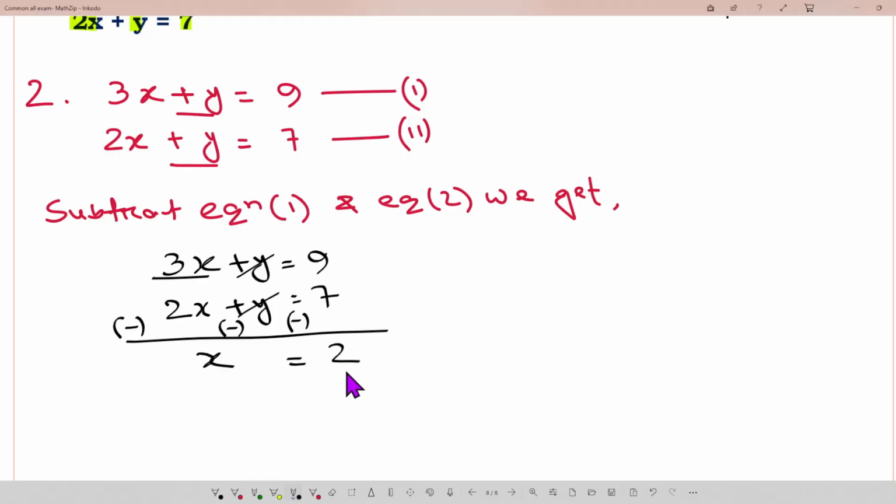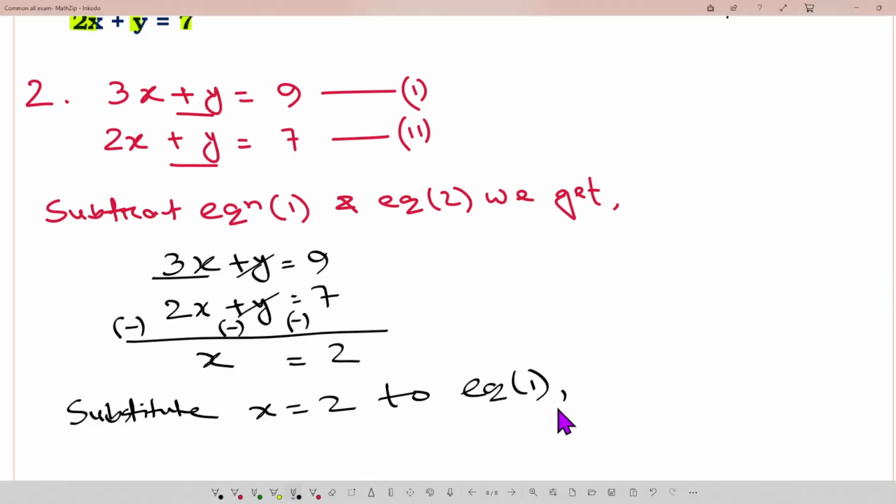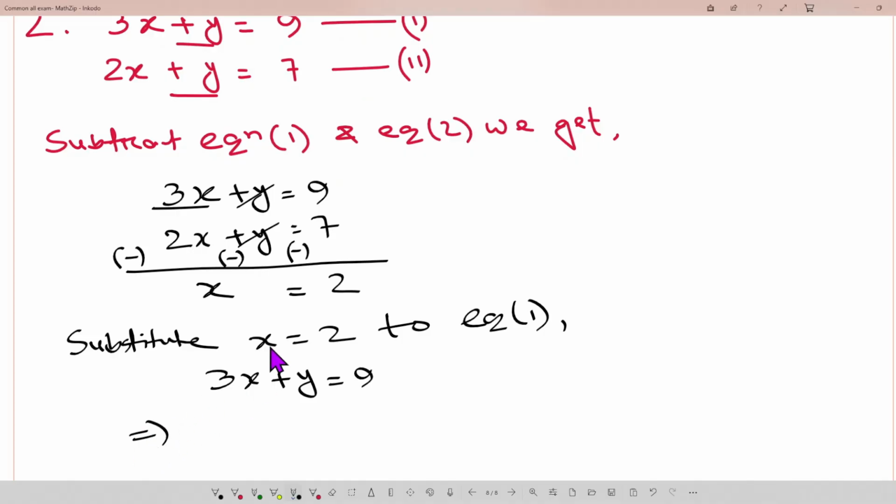This value we can put into either equation 1 or 2. So we substitute x equals 2 into equation 1: 3x plus y equals 9.